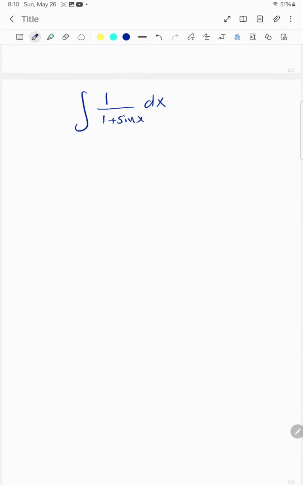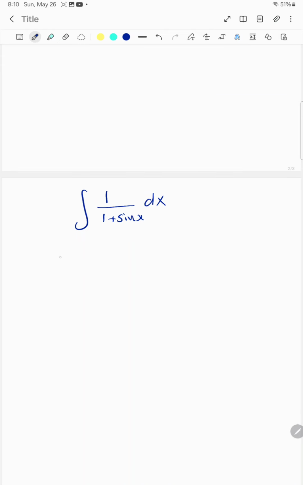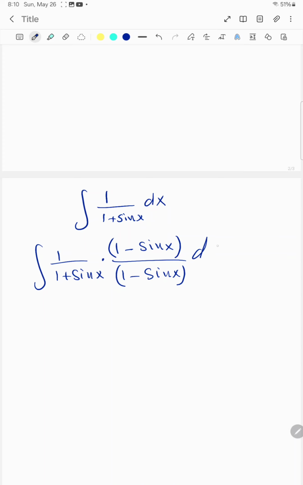This is like the previous one, but I just want to reinforce your knowledge about this. So I am going to multiply the numerator and the denominator by 1 minus sine of x. So it becomes 1 divided by 1 plus sine of x times 1, but my 1 I will write as 1 minus sine of x divided by 1 minus sine of x dx.